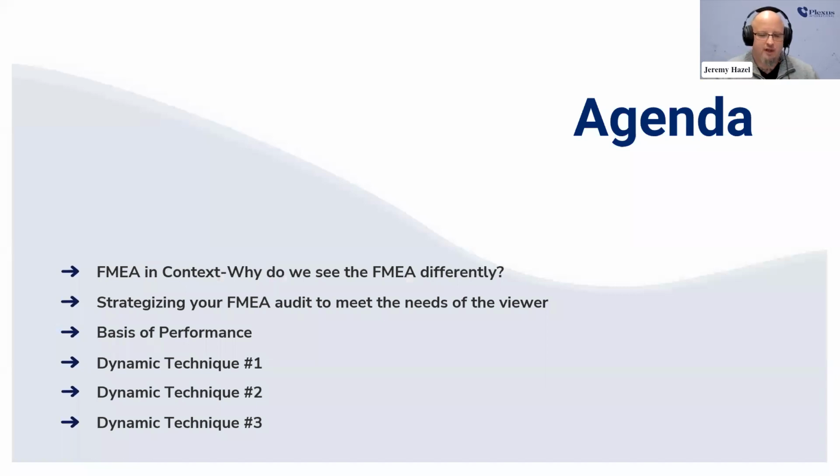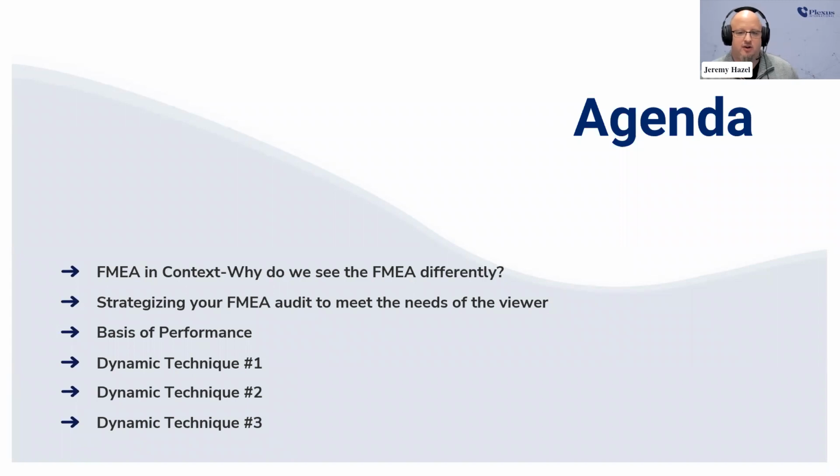So let's go ahead and take a look, that being said, at the 6 major bullets we're going to be going through. The first thing, we're going to introduce you to the idea of context in the FMEA. And we're going to show you how differing interested parties view the FMEA from different perspectives. That's going to be important to you as the auditor, because it's going to ask, who are you auditing on behalf of?